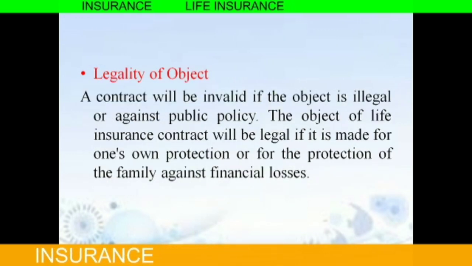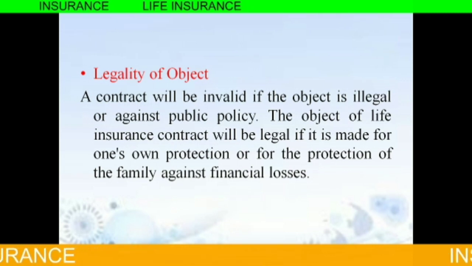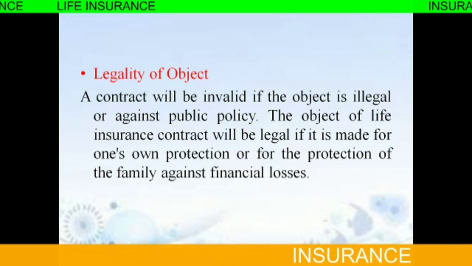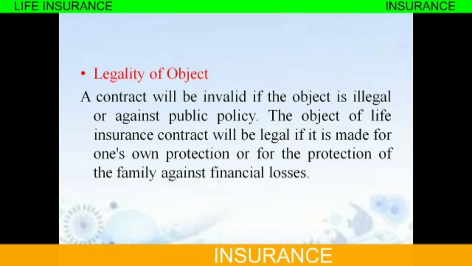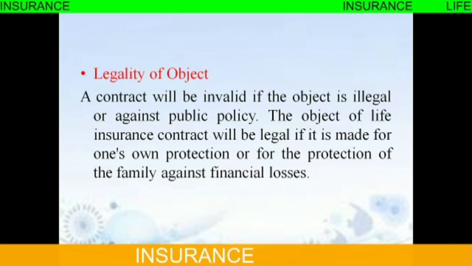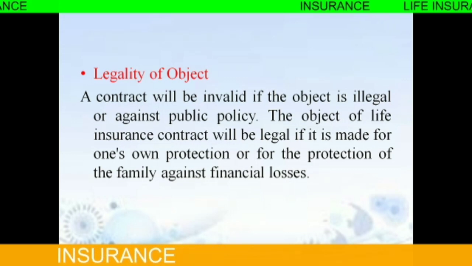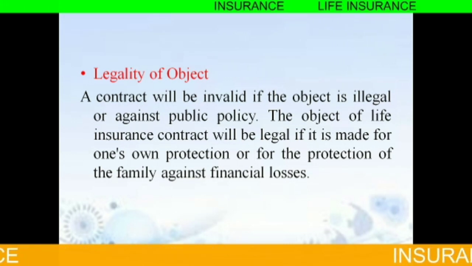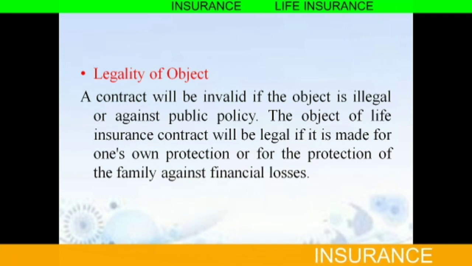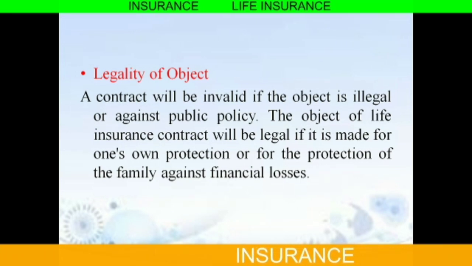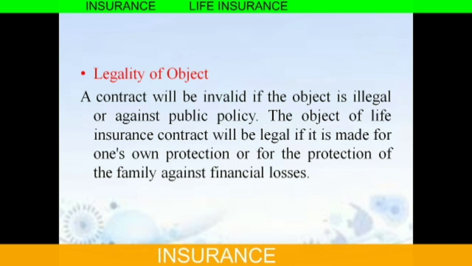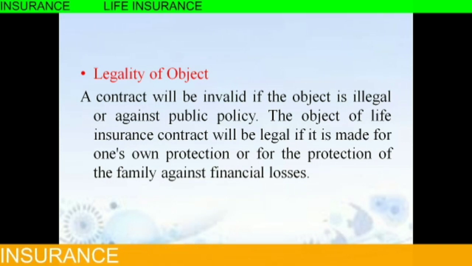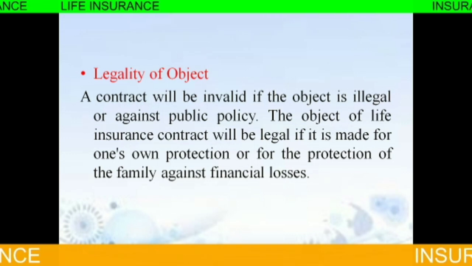Then another one is the legality of object. A contract will be invalid if the object is illegal or against public policy. Normally, once you are entering into a contract, its validity depends upon its legality or the legal provisions. So if the object is illegal or against public policy, normally the contract will be disqualified.